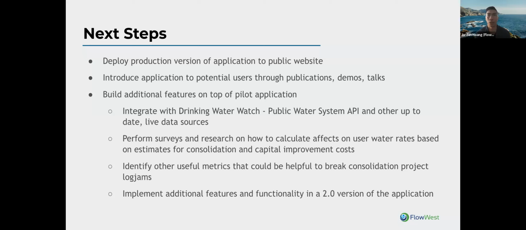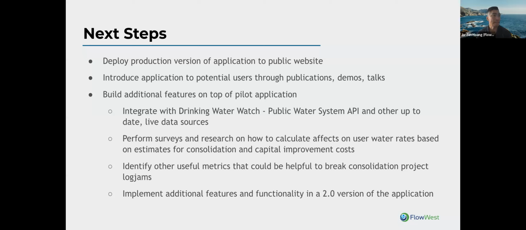And what I mentioned earlier was this iterative approach of having this application out there, having users use it and provide feedback, and we iterate on that and continue to develop features and functionality going forward, to hopefully build out as useful an application as we can to help you all and the communities that you work with.